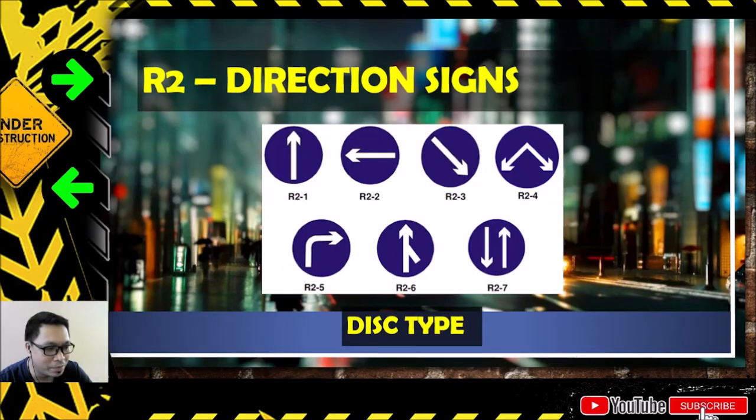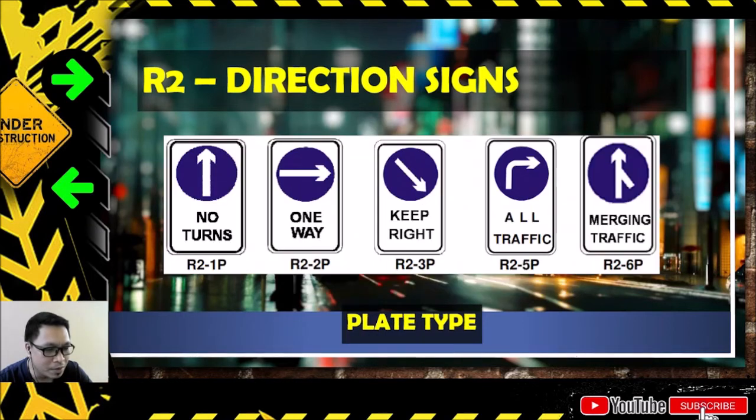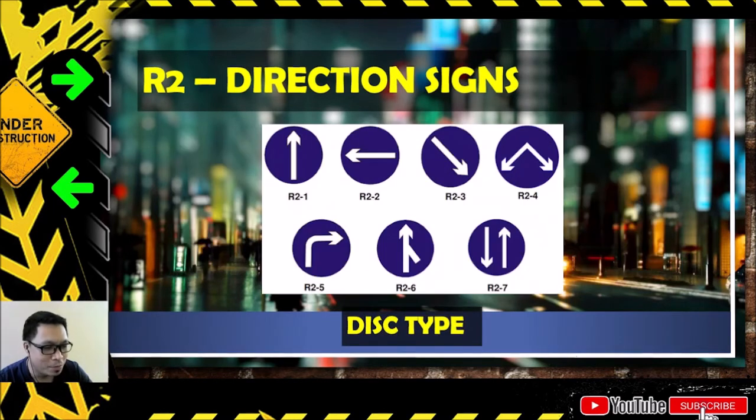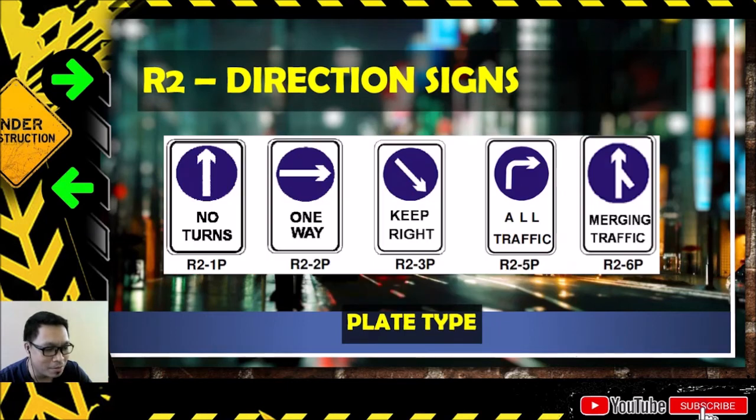Then we have the direction signs. This type of sign is quite confusing if we think about the directional signs. If we say this type of arrow, it tells you the other way around. An arrow pointing upward means we have to make no turns. A right arrow means one way.